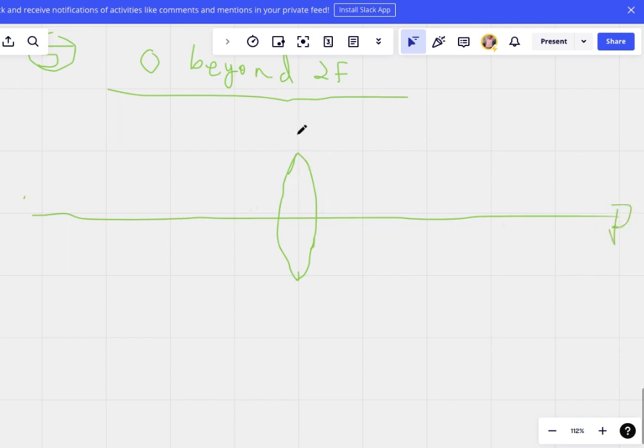Okay, we have our optical center. These are F, first F on the left, this is 2F on the left.